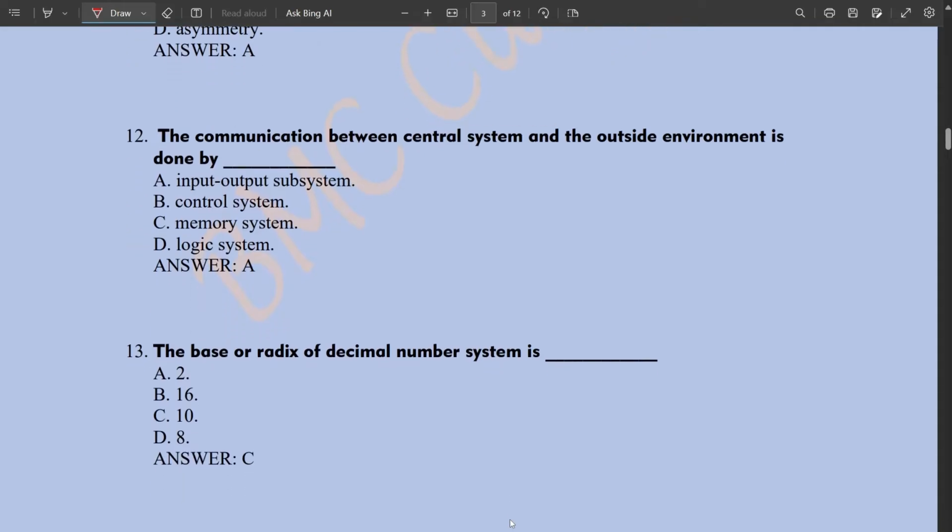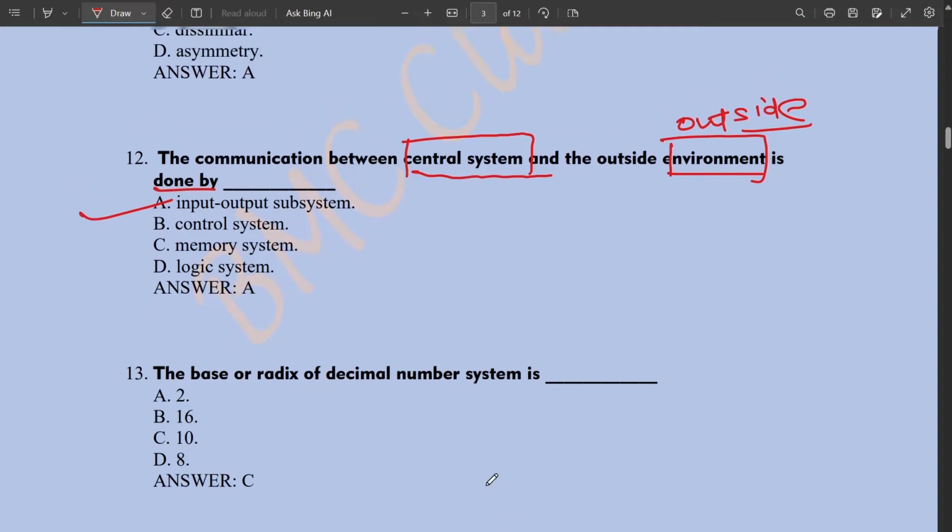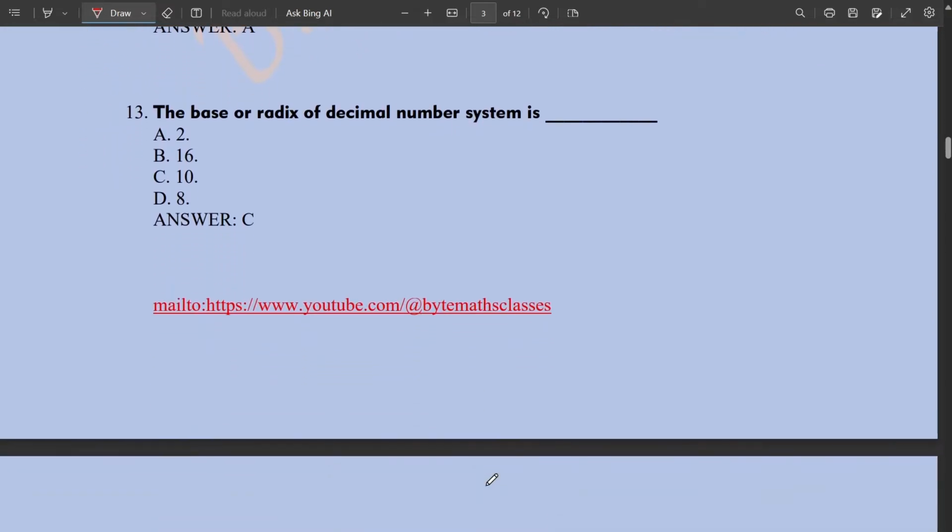Next, the communication between the central system and the outside environment, you can say outside system, will be the input output subsystem.